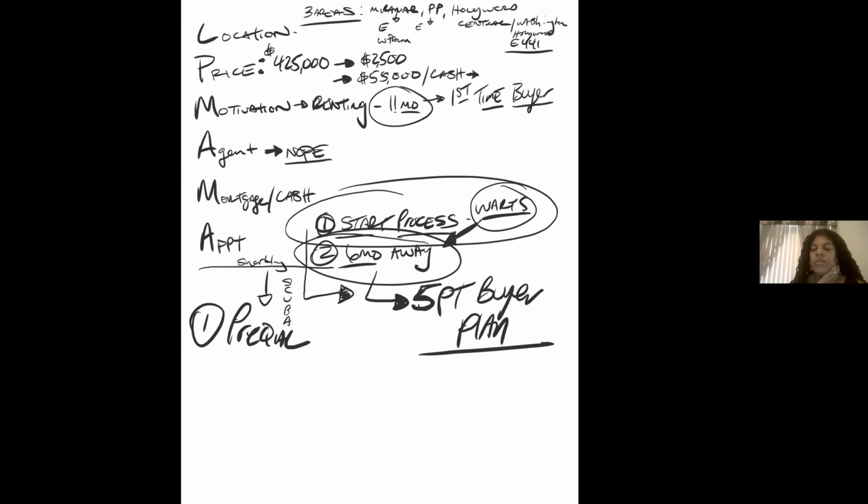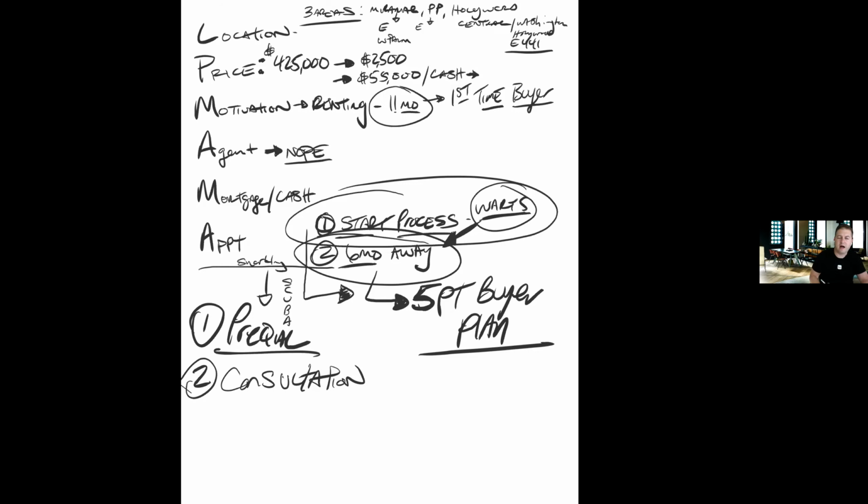We can wait. Because then the second part is we're going to do a consultation. And that's kind of what we're doing now. Would you say I'm educating you a little bit on the process? Yes, you are. So when we get closer to the time, we'll really dive into a consultative approach to buying real estate.